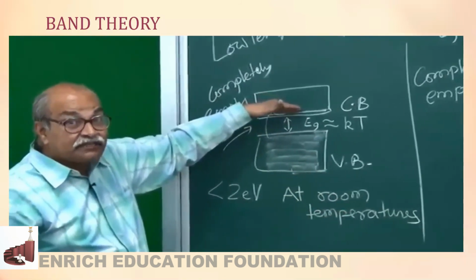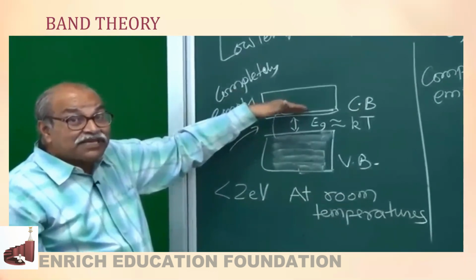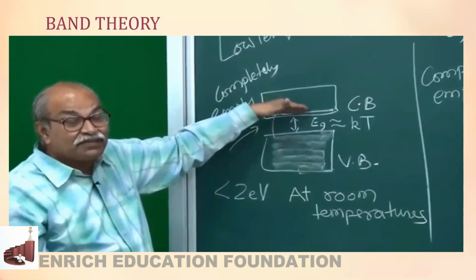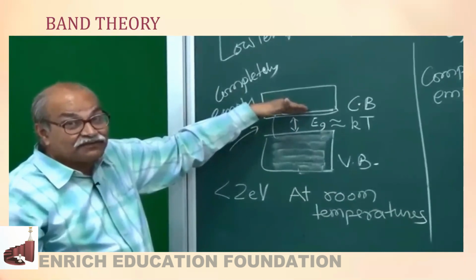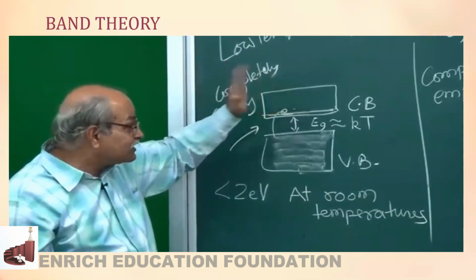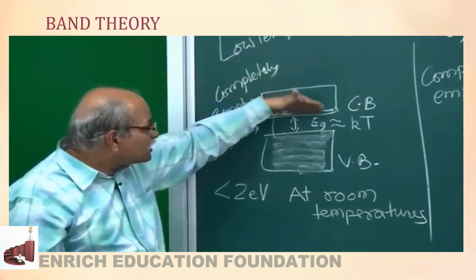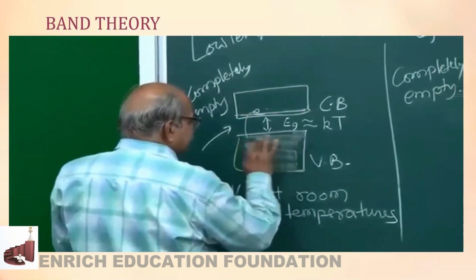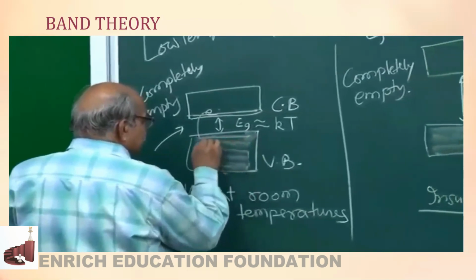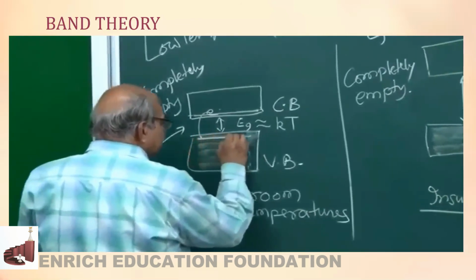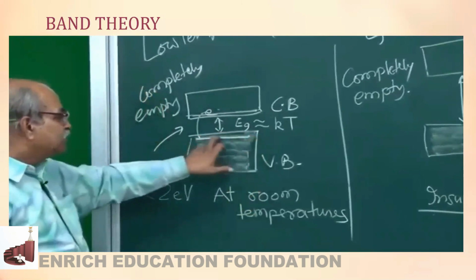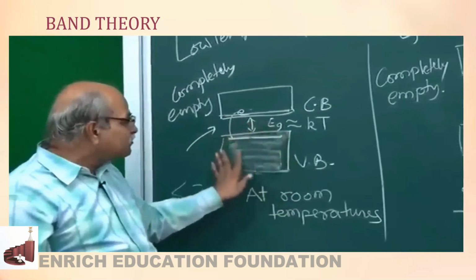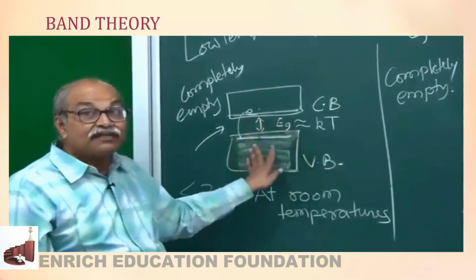And that 'some' can still mean 10 to the power 13, 14, 15, 16. If the total is 10 to the power 23, 'some' does not mean 5 or 10 or 15 or 50. So that number is sizable. So if some electrons are here and some empty quantum states are created in the valence band from which they have gone, then some movement of electrons of this energy is also now possible under an electric field.